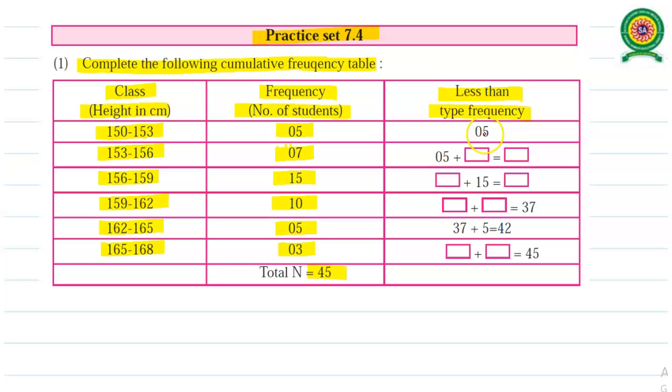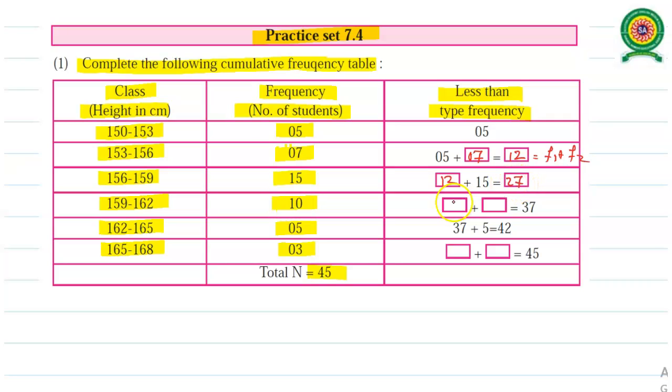Now we have to add up F1 with F2. So 5 plus 7 we get 12. That is the value of F1 plus F2. Add F3 now: 12 plus 15 becomes 27, so 27 is the value of F1 plus F2 plus F3.